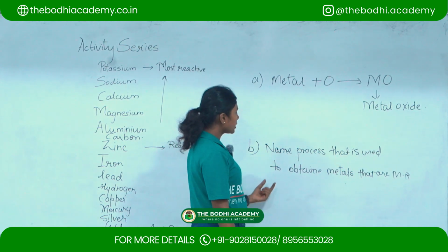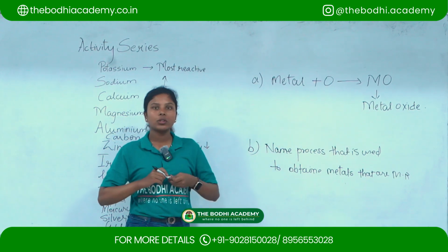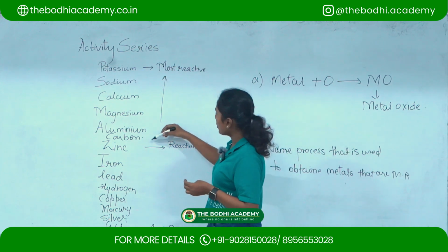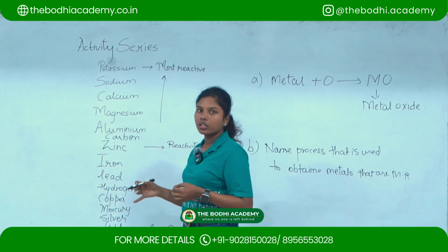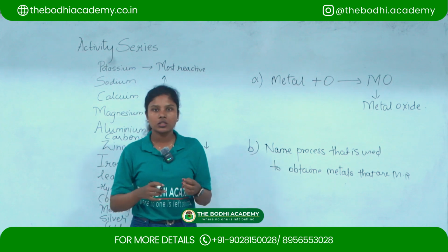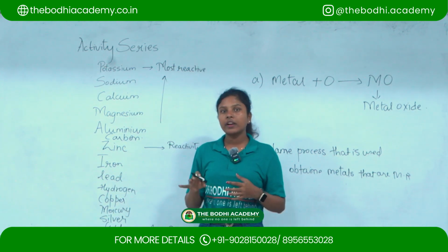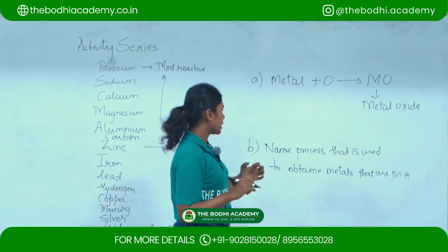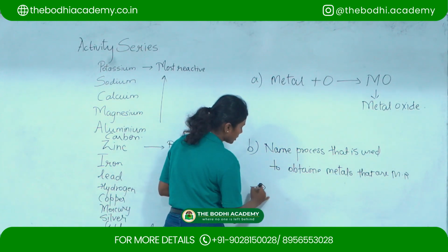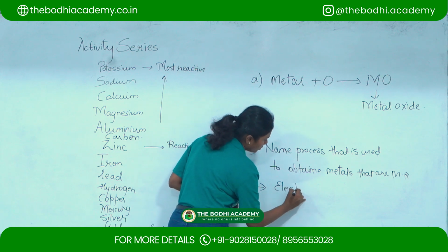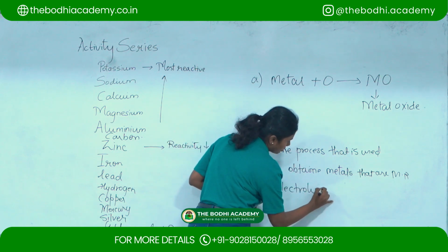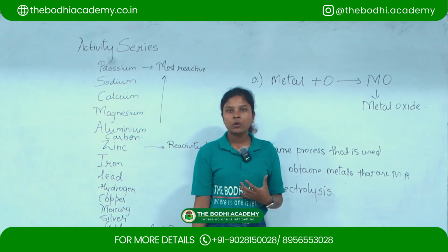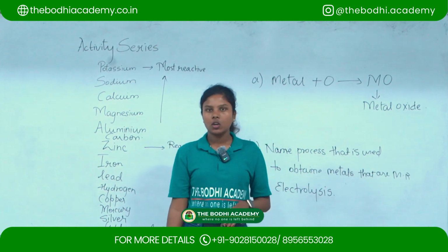Now the process used to obtain these metals: we just discussed that the metals above carbon have more affinity towards oxygen, so they would not want to leave oxygen and get reduced just because of carbon. So in these cases we use the process of electrolysis, so that we can separate these metals from their metal oxides.